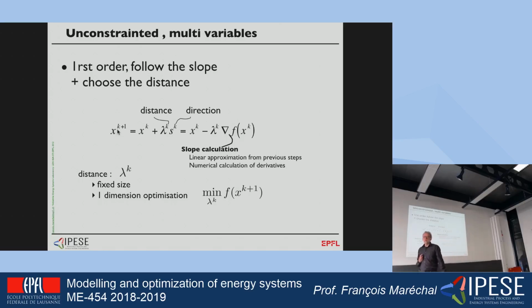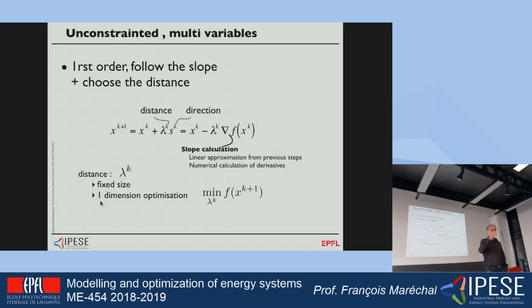Now, for choosing the step size, I can either make a fixed step that I fix a priori, or I can solve a 1D optimization like the one I had just before.